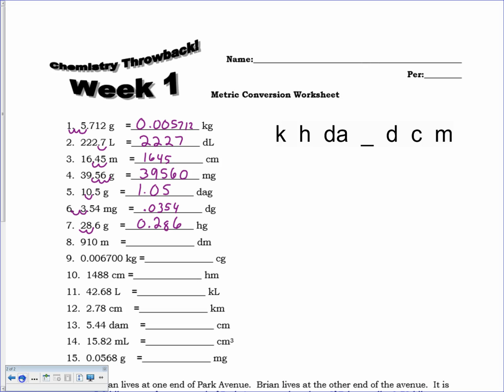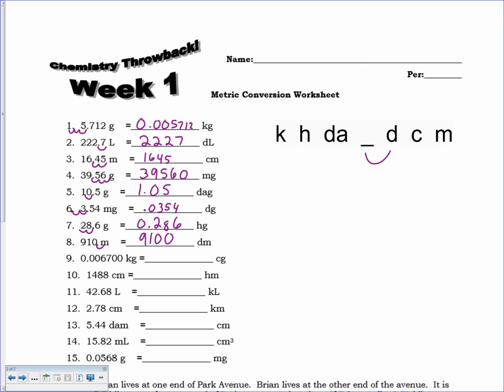This one we start here, the base unit, we move over 1 to the right. So this gives you 9,100 decimeters, just taking that decimal point. It's not shown there, but it would be right here, and we're moving it 1 over to the right.